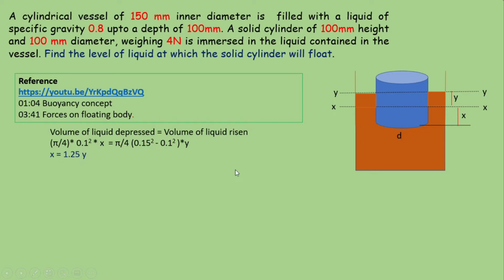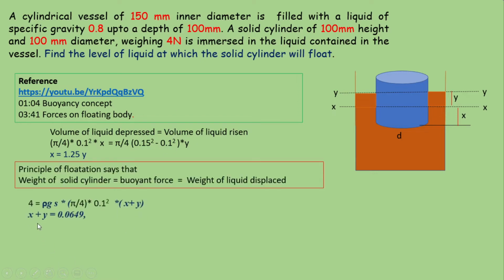Now we can apply the principle of flotation, which says that the weight of the floating body is equal to the weight of the liquid displaced by the body. The weight of the solid cylinder is given as 4 Newton. So 4 equals the weight of the liquid displaced, that is, the volume of the submerged portion multiplied by the specific weight of the liquid. The specific gravity of the liquid is given as 0.8.